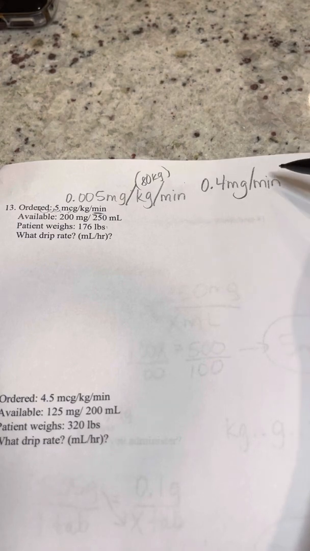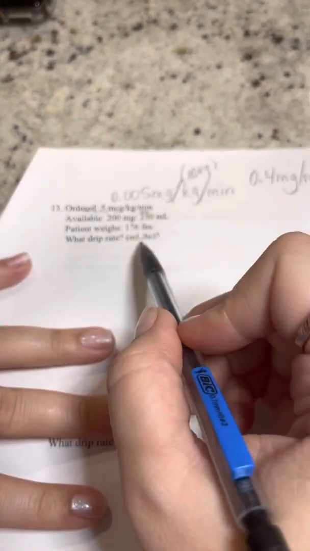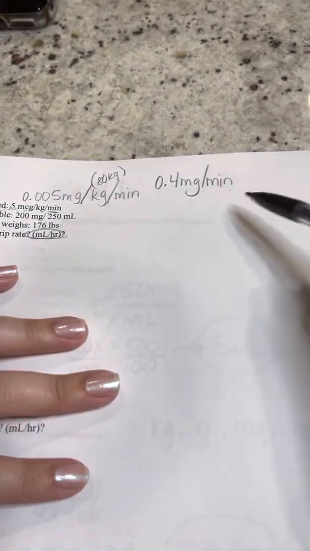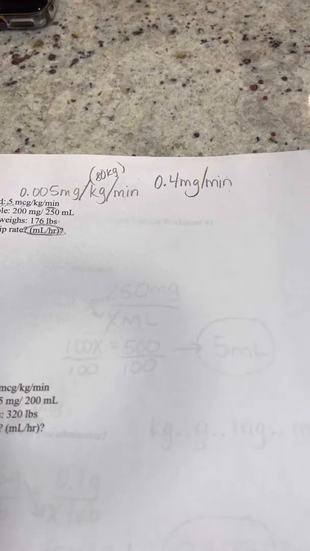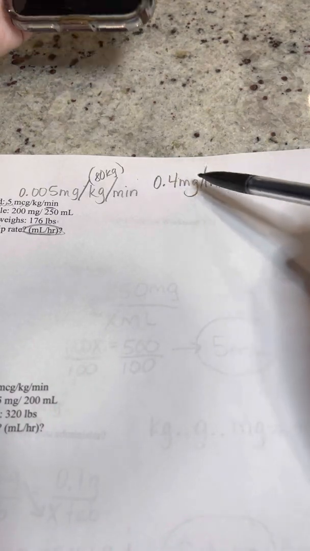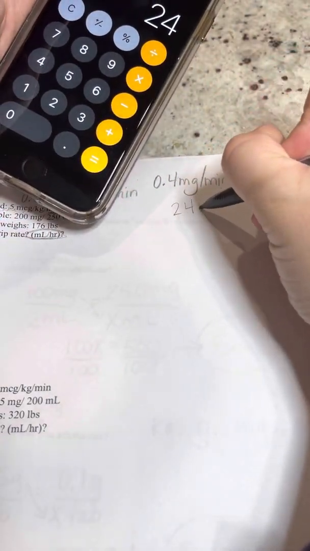All right, our order needs 0.4 milligrams per minute. Let's figure out how many they need in an hour, because we always set our pumps to drip at mLs per hour. So we would multiply this by 60 because there are 60 minutes in an hour. So 0.4 milligrams per minute is the same thing as 24 milligrams per hour.